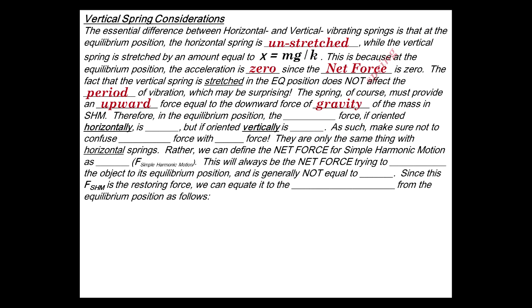So in the equilibrium position, the spring force, if it was oriented horizontally, is 0, but it's not. It's oriented vertically, and so now it's equal to the weight upward, mg upward. So that's a big difference.